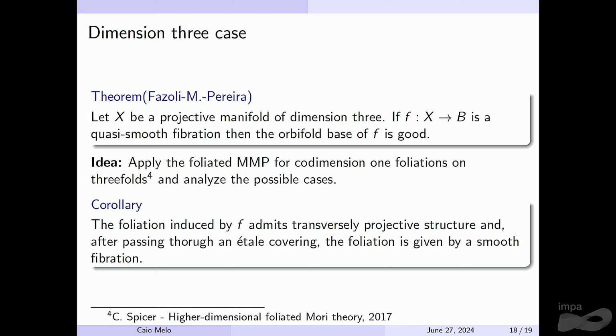So we analyze the possible cases, and we conclude with some arguments repeated in one of those cases. And so again, we have the corollary that after passing to an étale covering, the foliation is given by a smooth fibration. And yeah, that's it.